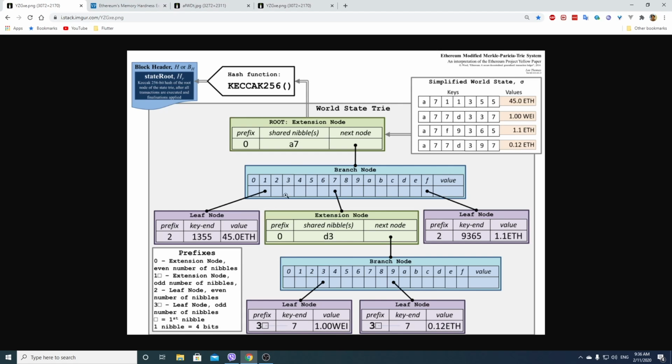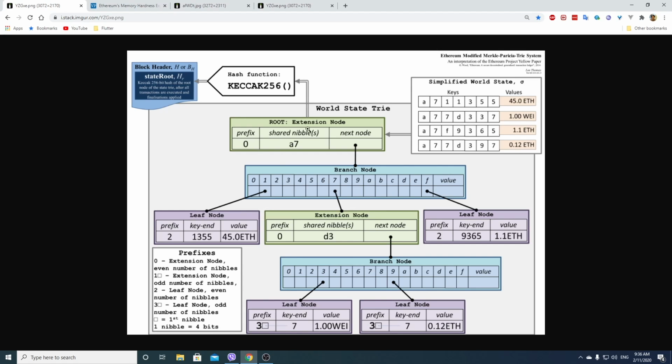So when you see that the number of nibbles is even, like there are 2 here, 2 here, and 4 here, then the prefix will also be even. So 0 or 2, right? And when it's odd, it's going to be odd as well. So it will be either 1 or 3. And the second switch is simply to indicate the type of node, right?